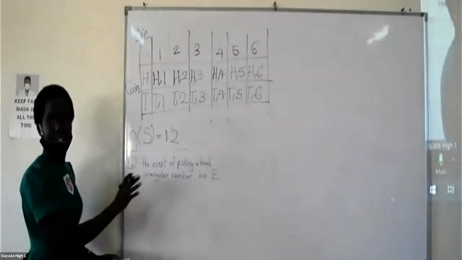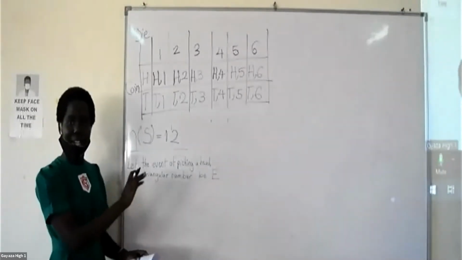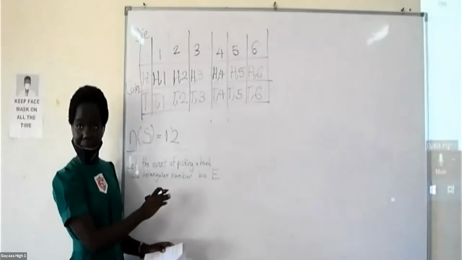This shall be our opening statement. We shall say, let the event of picking a head and triangular number be E.